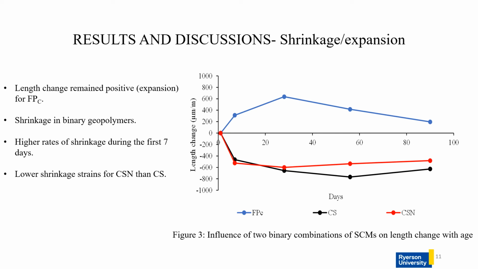The mix CSN in red color exhibited relatively lower shrinkage strains than the mix CS because it had a higher slag content, which means higher calcium in the system, which facilitates the dissolution of silica and alumina ions from the source materials, which leads to more reaction products and more densification of the mix, leading to lower shrinkage strains in comparison to the mix CS, which is in black color.